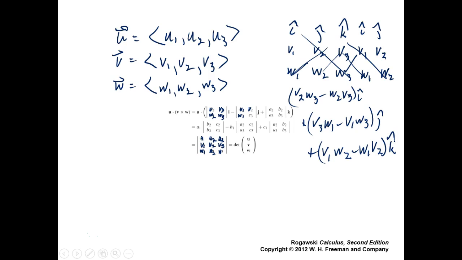Those would be your vectors, and basically that's what they've done here.